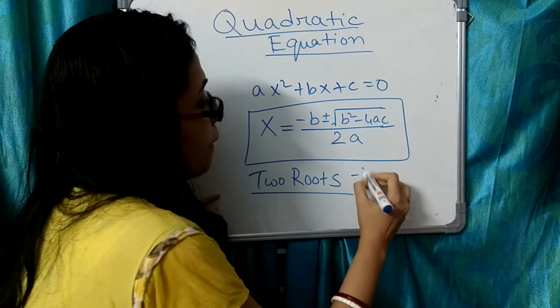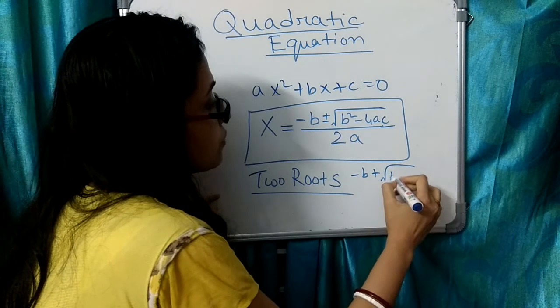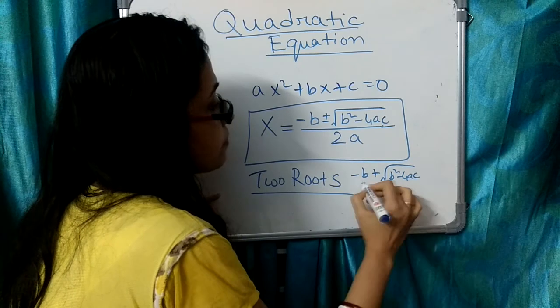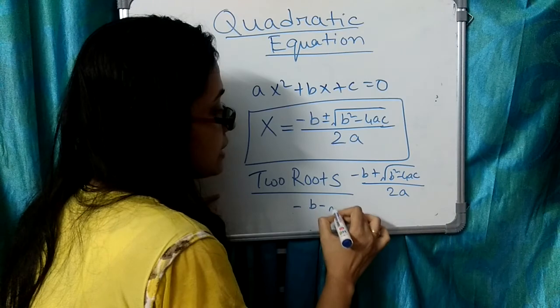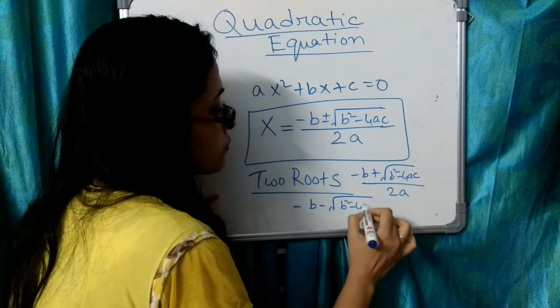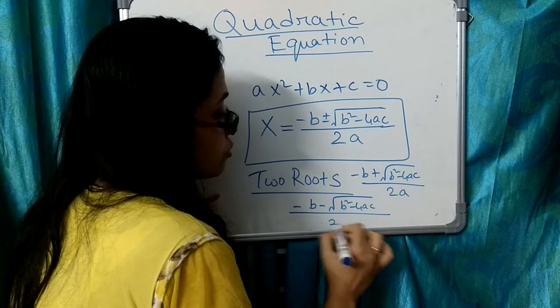One will be minus b plus root over b square minus 4ac by twice a, and the other is minus b minus root over b square minus 4ac by twice a.